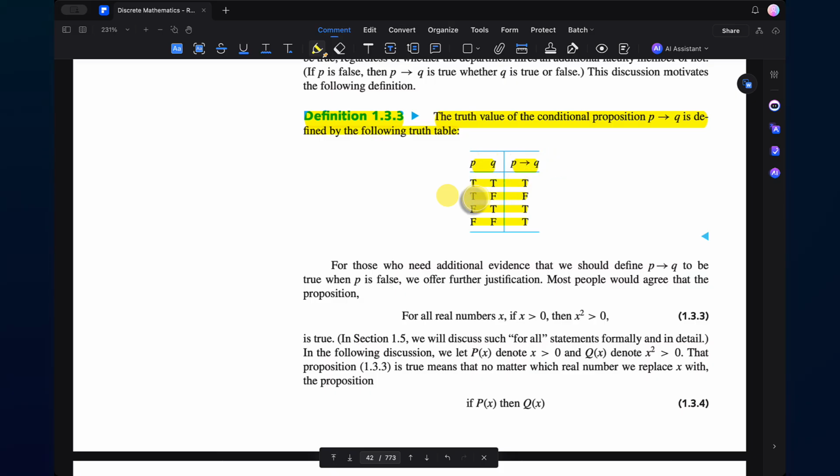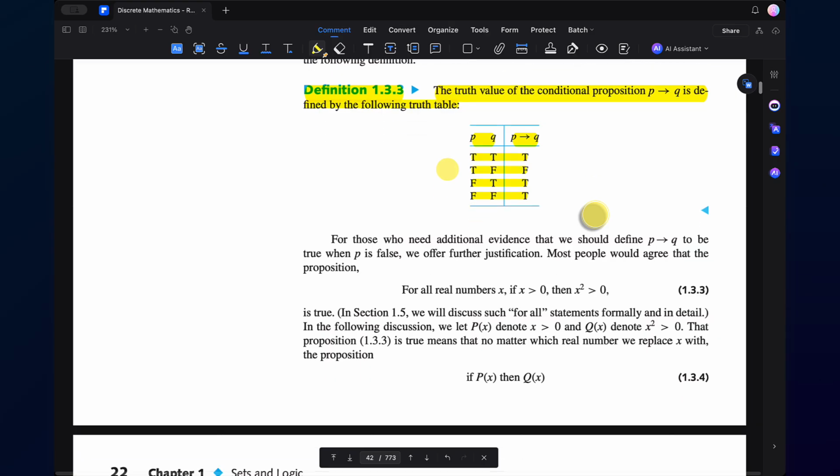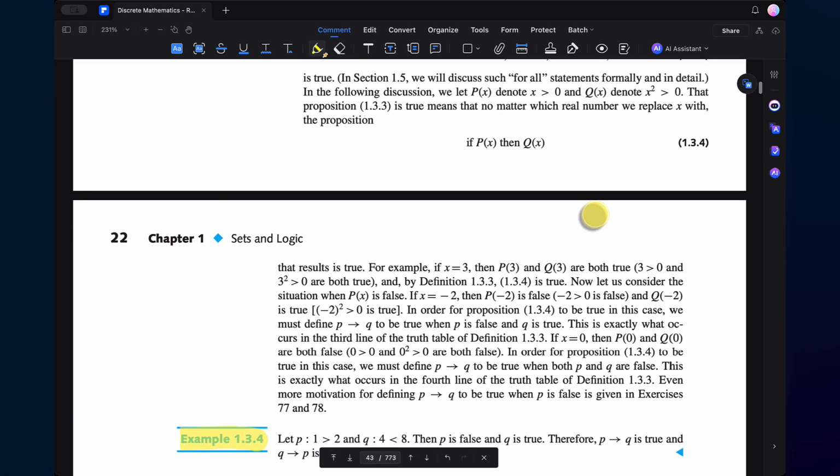If P is true and Q is false, then the statement P implies Q is false. Notice down here, if P is false, regardless of the truth or falsity of Q, the statement P implies Q is true. So, let's just move on here.